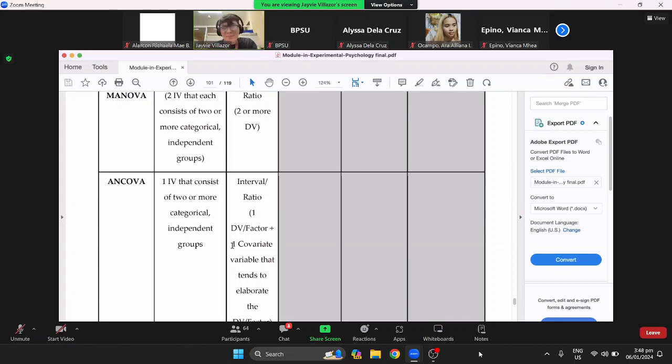Ang independent variable natin, salary. Can you follow? Salary. Ang dependent variable natin is job satisfaction. Can you follow? Now, ano yung possible na covariate natin between salary and at the same time job satisfaction?